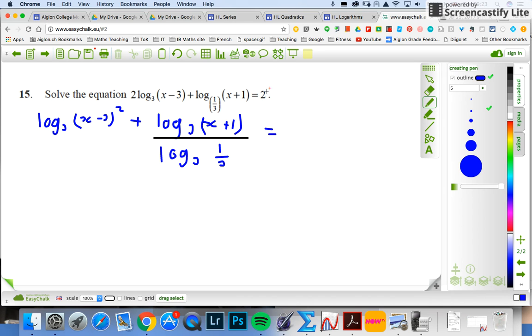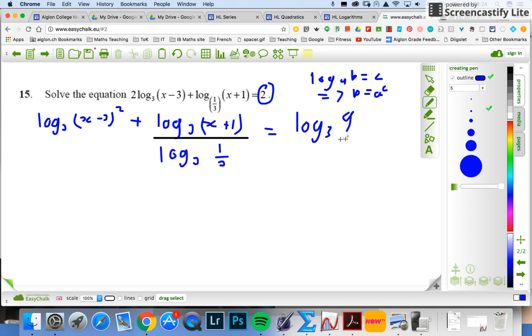And I'm also going to change 2 into log base 3 of 9. Now that comes from the very basic log rule, which is log base A of B equals C can be rewritten as B equals A to the C. So what I've just done is worked out what 2 is there.